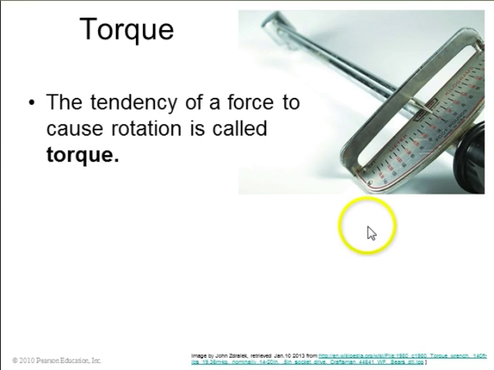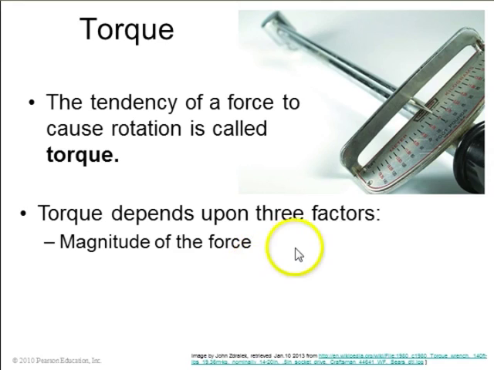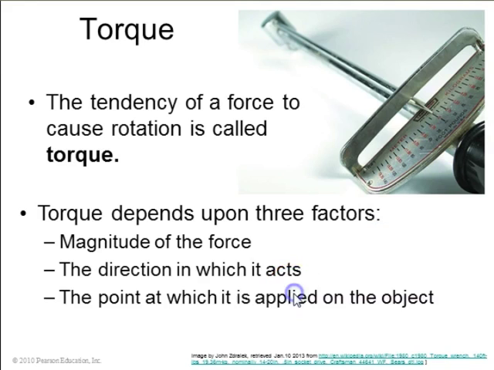Torque. Torque is the tendency of a force to cause rotation. And here we have a torque wrench pictured, which measures the torque on a bolt or a spark plug in foot-pounds. So torque depends on actually 3 factors: the magnitude of the force, which I guess you can measure in pounds, the direction in which the force acts, and the point at which it is applied on the object, which gives the lever arm measured in feet here.